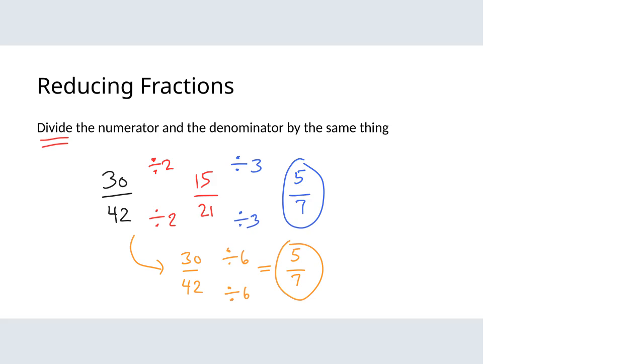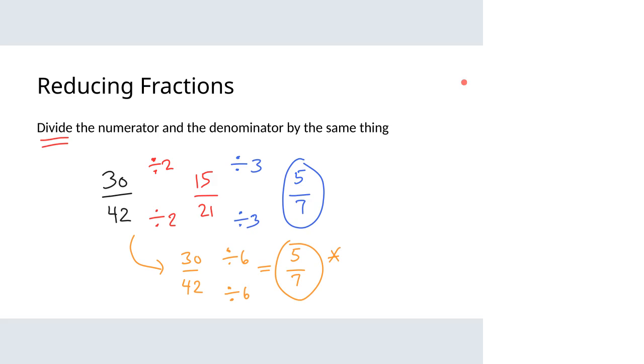I did the 2 just because if they're both even numbers, that feels comfortable. But if you happen to see right away that 6 will go into both of those, that's great. You can just divide by 6 right out of the gate and reduce that fraction.